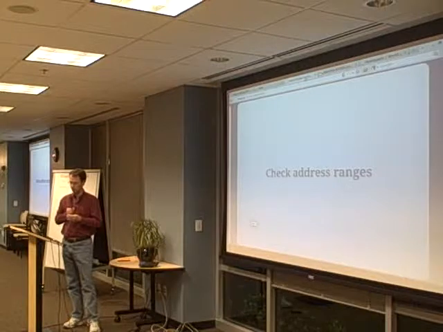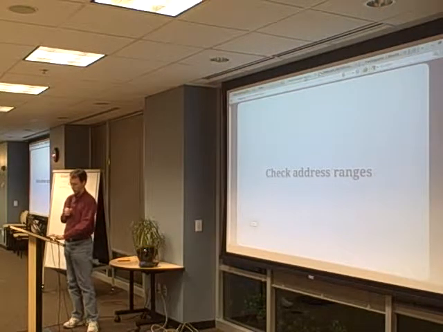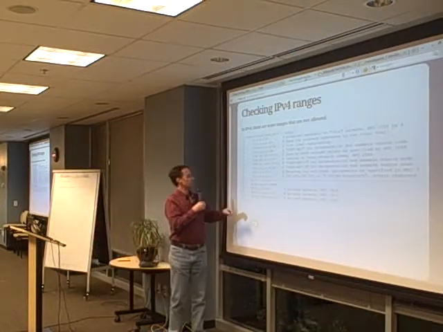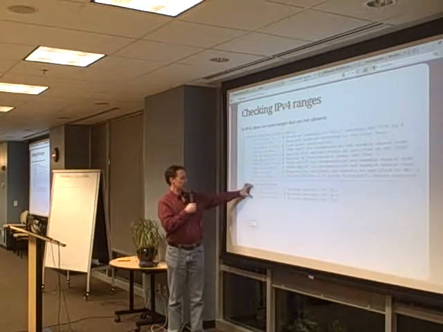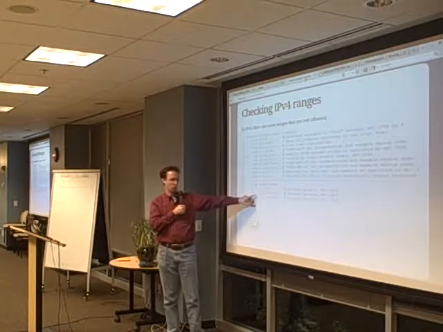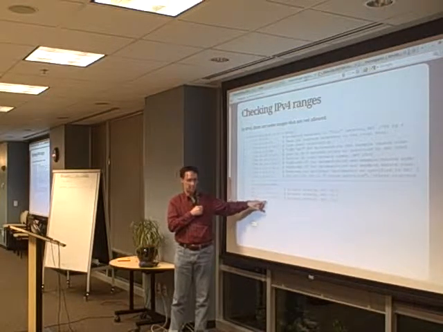On the web front end, we needed to check address ranges. So you're probably used to, in the v4 world, checking to see if you're in, like here I put the RFC 1918 addresses: 10 dot whatever, 192.168, and 172.16.